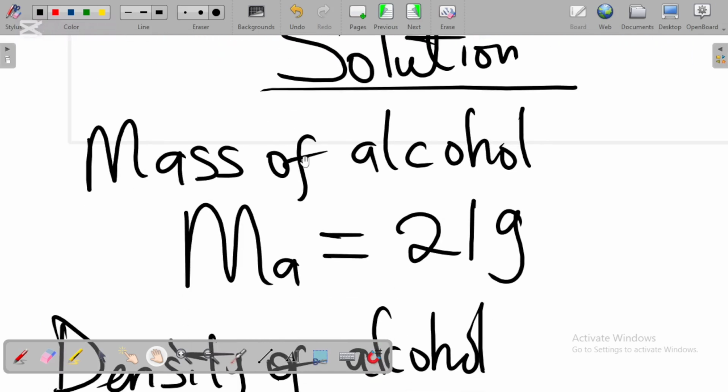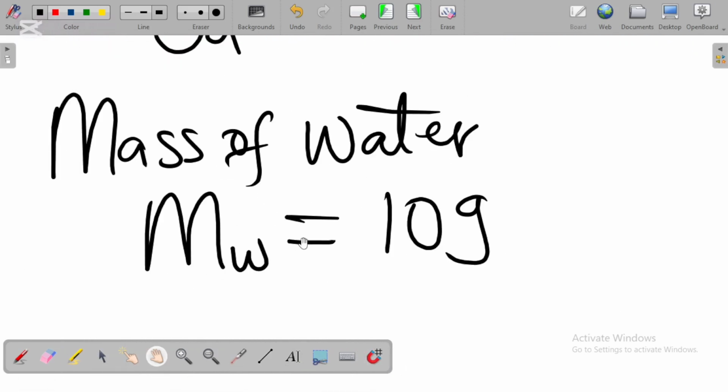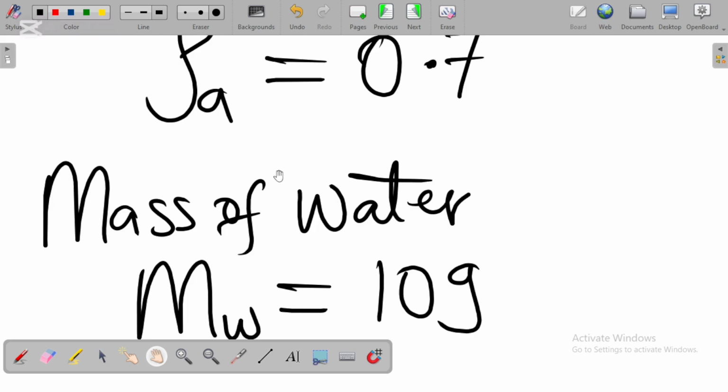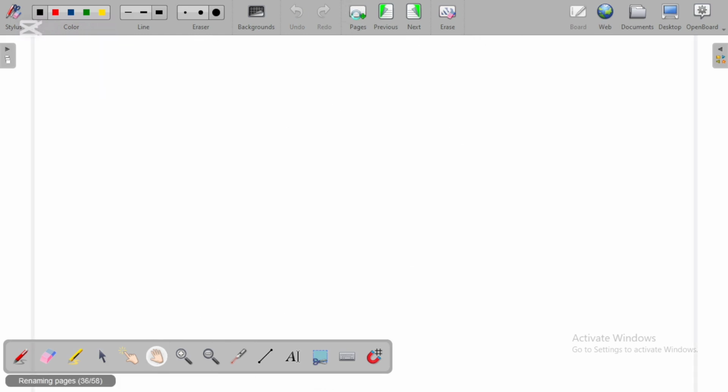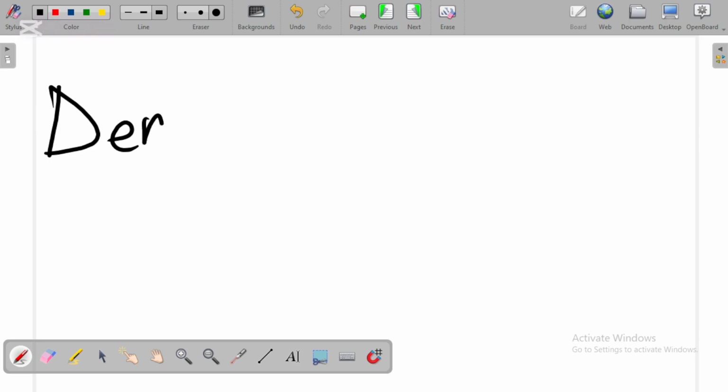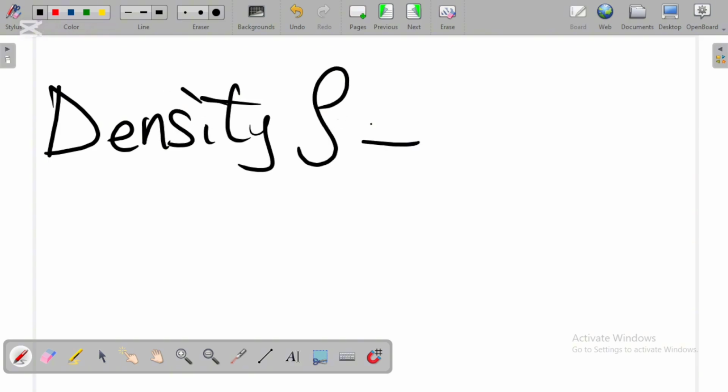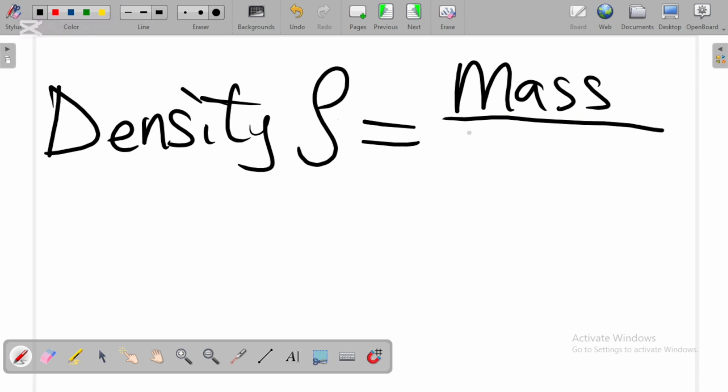So how do we go about it? Now, having written the parameters given so far, what are we going to do? Take note of this. Density. Remember that density, rho, is equal to mass divided by volume.